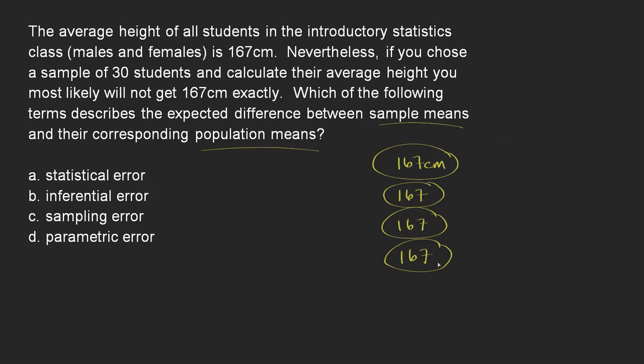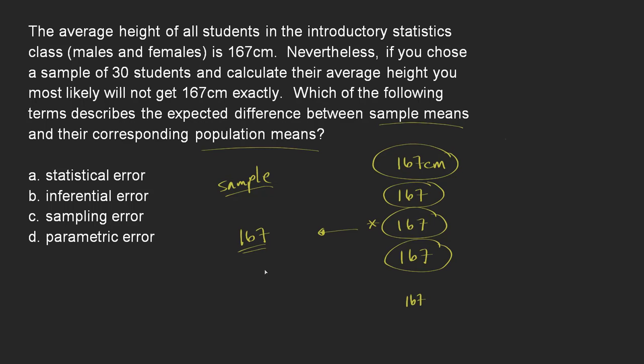Now, if I took a sample from this population, you can see that the average of all of those people is going to be 167 because they're all the exact same height. If I took a sample of just one of them, let's say that this one here is who I sampled. So in my sample, I have only this to measure.